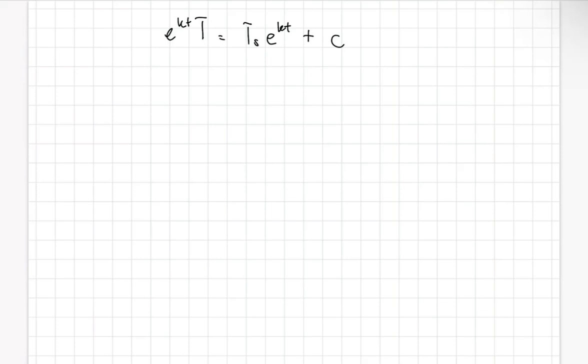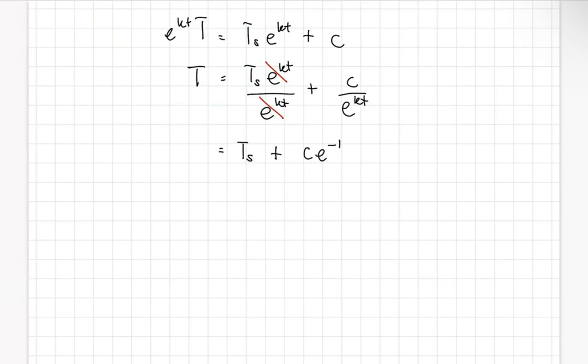Then to solve for T, divide each term here by e to the kt. So Ts e to the kt divided by e to the kt, plus c divided by e to the kt. e to the kt divided by e to the kt equals 1. So we have Ts plus c e to the negative kt. I put this one upside here, so I need to add a negative sign.